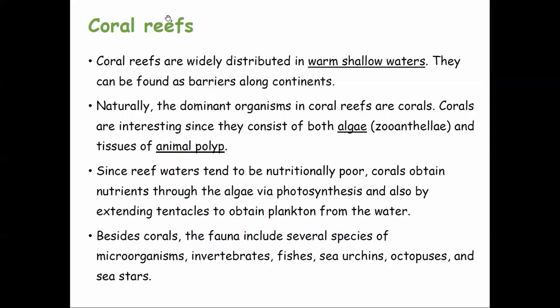So how is photosynthesis happening in the reef water? Through the algae, right? Besides the corals, the fauna include several species of microorganisms, invertebrates, fishes, sea urchins, octopus, and sea stars.